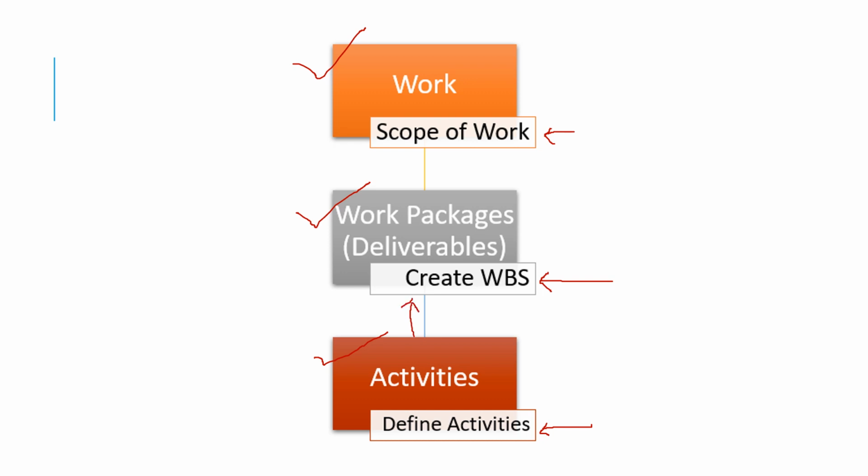For each work package, there is going to be a list of activities that you need to do to attain and accomplish that work package. Similarly, for every single work package, you will have a list of activities that you will do, and that is what the output list of activities is all about.